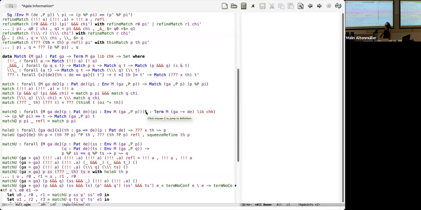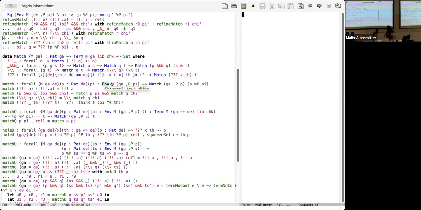So this is basically saying that if the pattern's an atom, the term better be an atom. If the pattern's a pair, the term better be a pair, and they should match component-wise. If the pattern's a lambda, the term better be a lambda, and what's underneath needs to match.